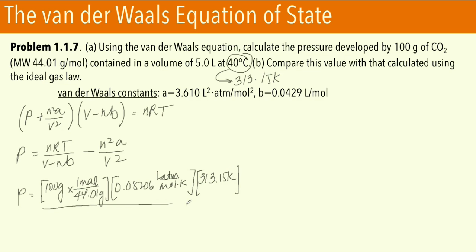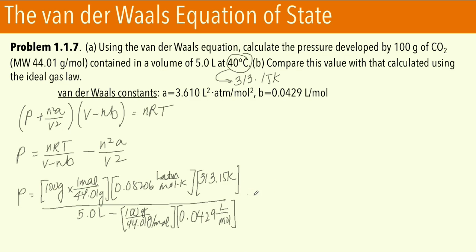Divided by the volume, so that is 5 liters, minus again the number of moles, so let's just have 100 grams divided by 44.01 grams per mole, times the value of B. So this is 0.0429 liters per mole. All right.